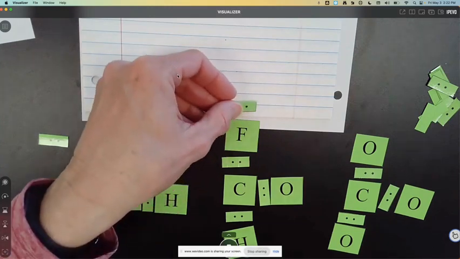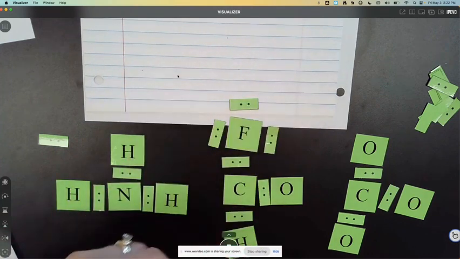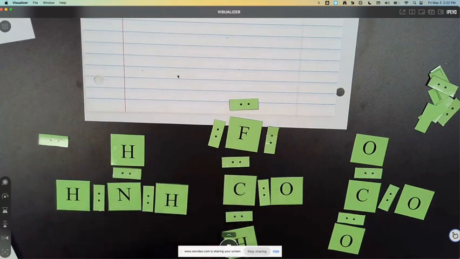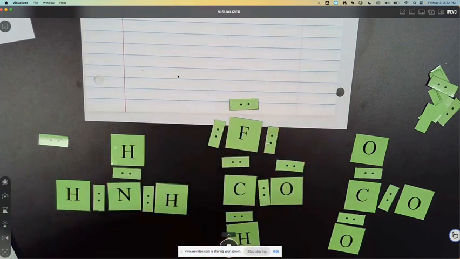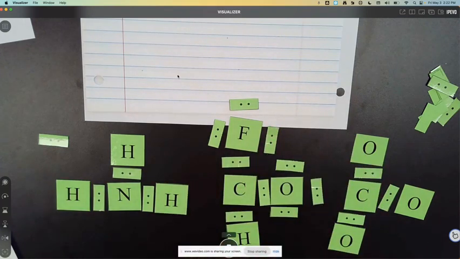Over here, I'm going to give 3 electrons to the fluorine. So now fluorine's got access to 8 electrons. The hydrogen doesn't need any more. I'm going to put electrons around the oxygen. And now I've basically spent my whole pile.